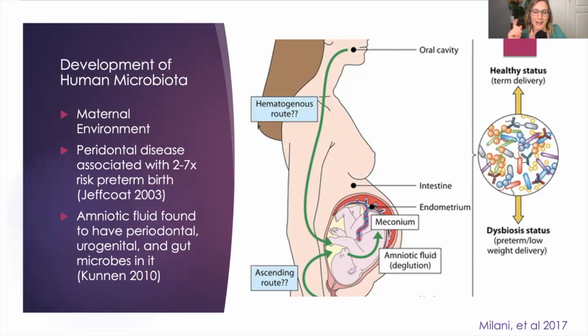In fact, having a cavity is associated with a 2 to 7 times increased risk of preterm birth, and the amniotic fluid was previously thought to be sterile. Well, it turns out about 50% of women studied so far have actually had cross contaminants from the mouth, the genitals, the gut.